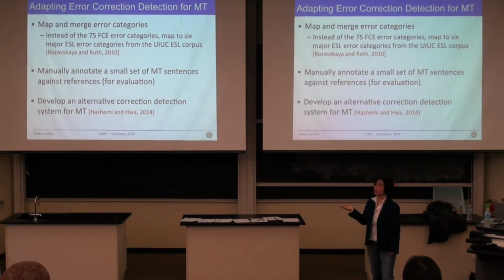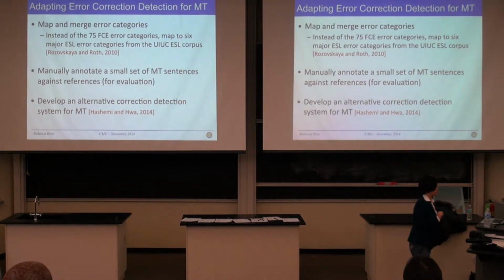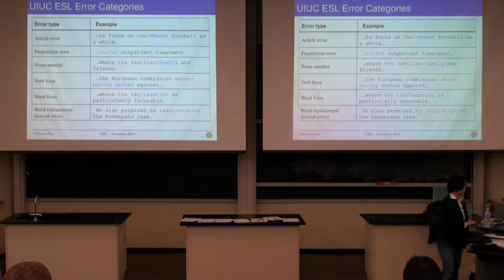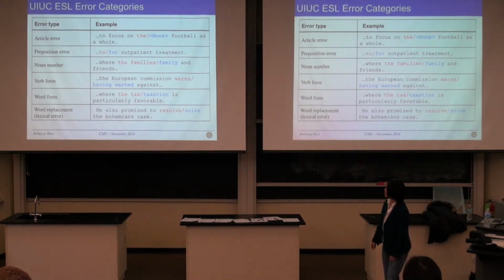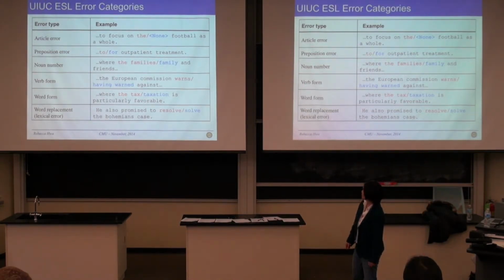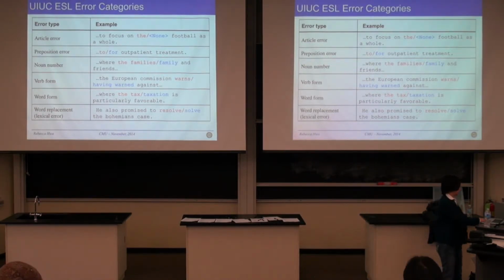It was a handwritten rule-based system that a student developed specifically for MT. Just so that you have a sense, here are these 6 broad categories. We're looking at article errors, preposition errors, numbers, verbs, and probably most of the time word replacement errors where you've made some sort of lexical choice mistake.